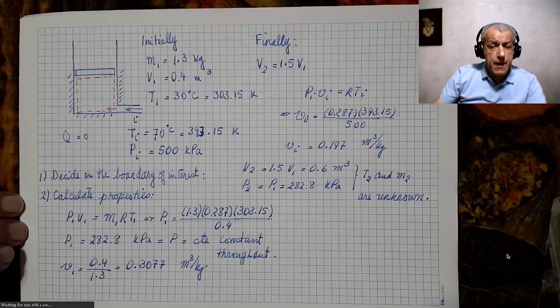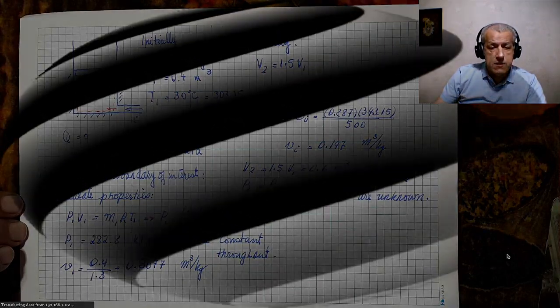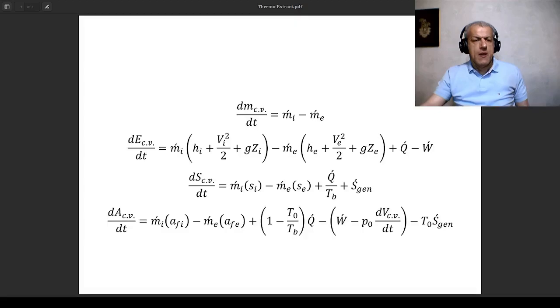And that's all we know about the properties. Our next step should be to simplify the governing equations. Starting with the mass conservation equation, dmcv/dt equals m dot i minus m dot e.